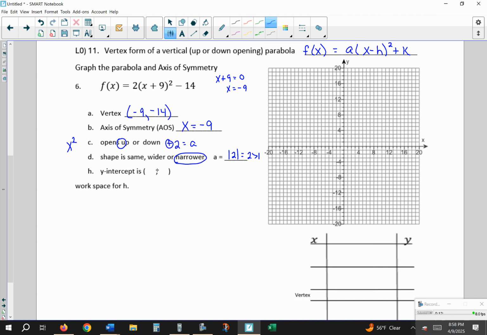My y-intercept, in order to find the y-intercept, you have to know that x is 0. So you are going to come in and plug in just the 0. F of 0 and minus 14. My function value at 0 is going to give me, well, let's put it in a calculator.